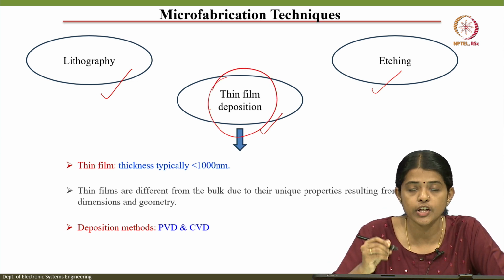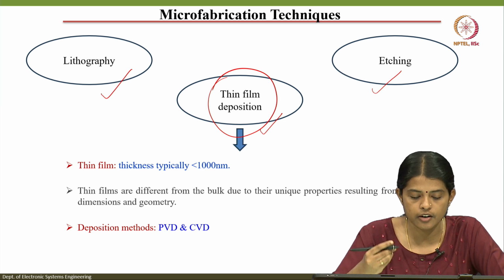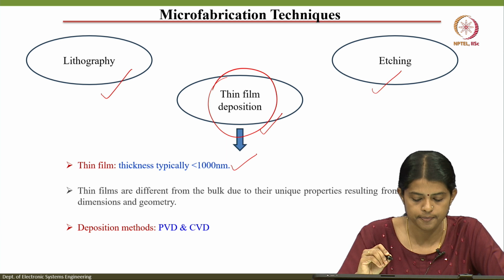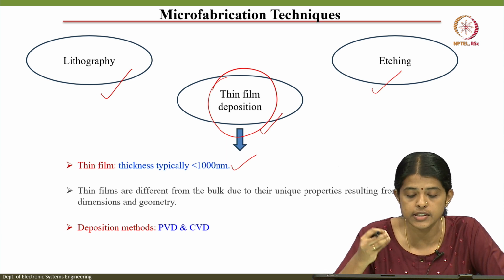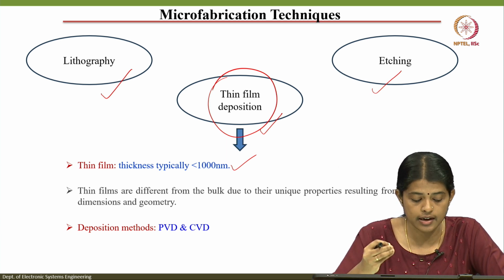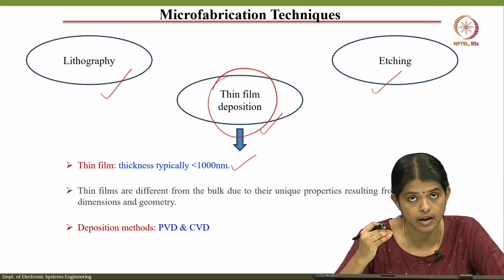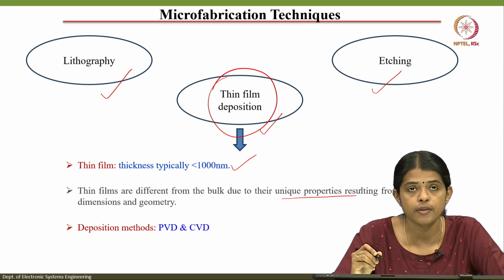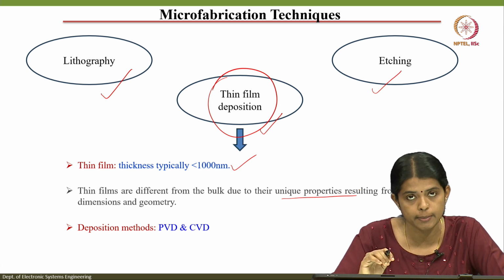So mainly when you talk about a thin film, it refers to films that are having thickness less than 1000 nanometers. And obviously due to this geometrical construction, there are different properties. The thin films have very different properties compared to that of a bulk material due to the unique properties that arise from the dimensions and geometry limitations.